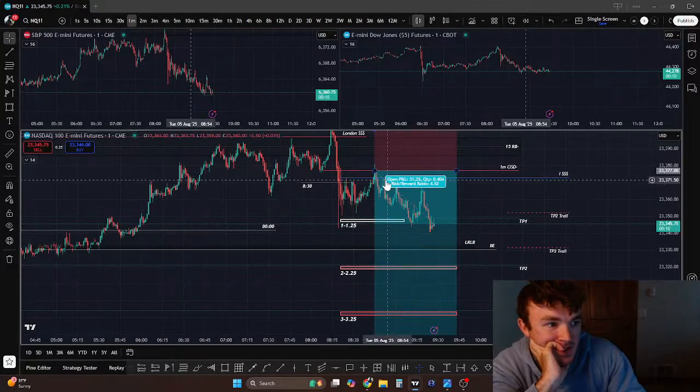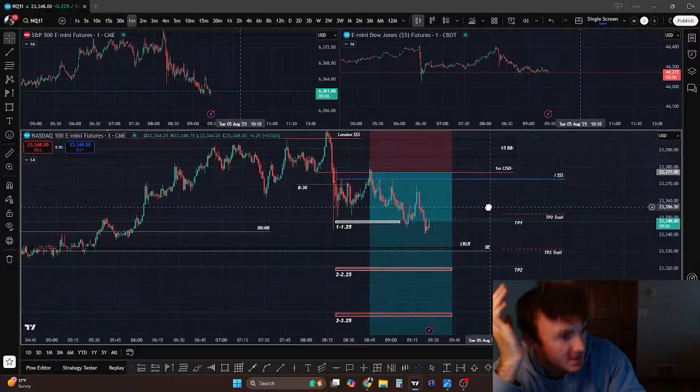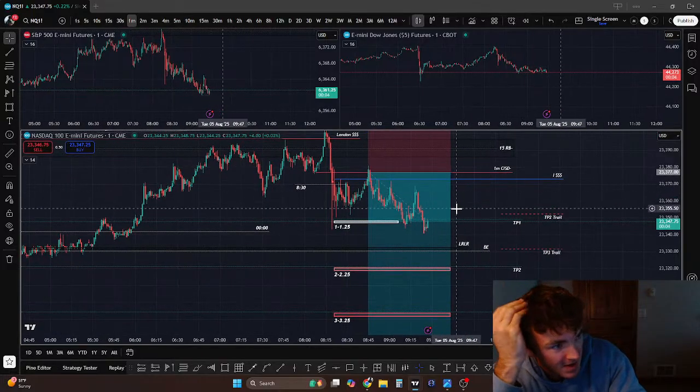Where we left these low resistance highs right underneath the change state delivery. It's honestly very possible that that happens.